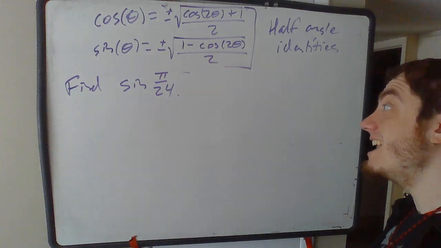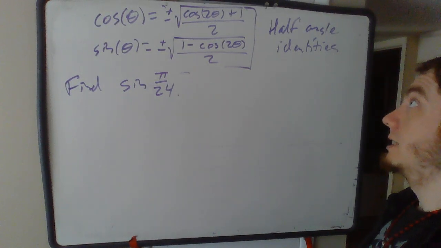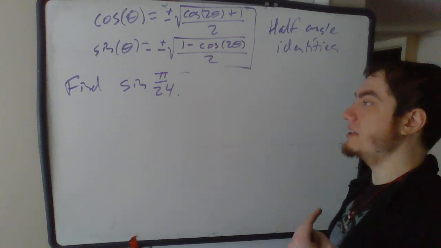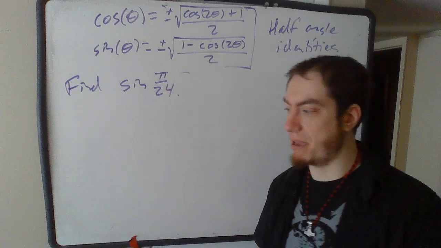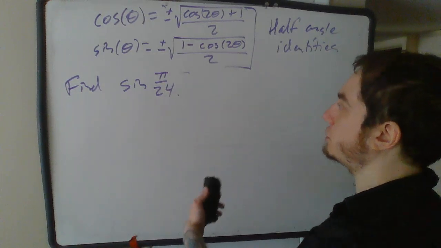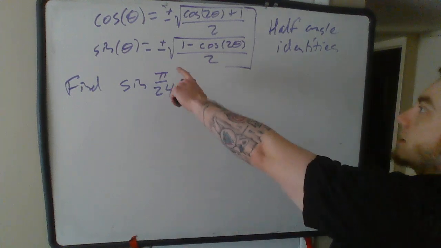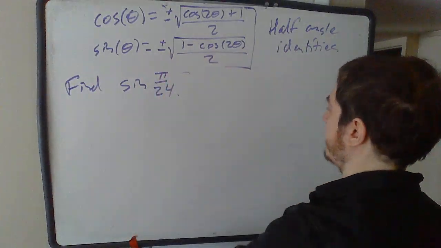I don't really think you can. You could use the sum and the difference identities iteratively to do this, but it would be kind of a pain. It turns out to be fairly straightforward if we just start mucking around with the half-angle identities here.